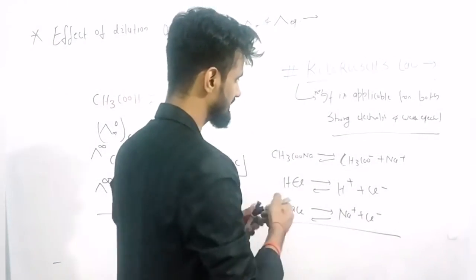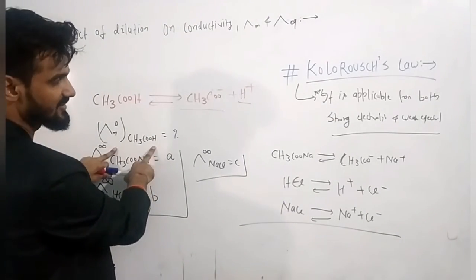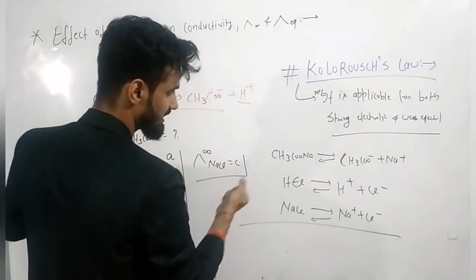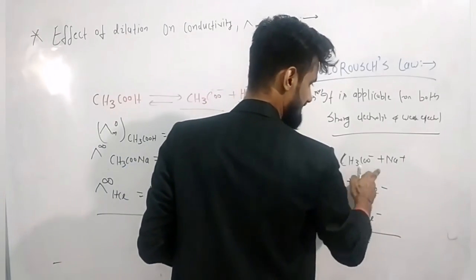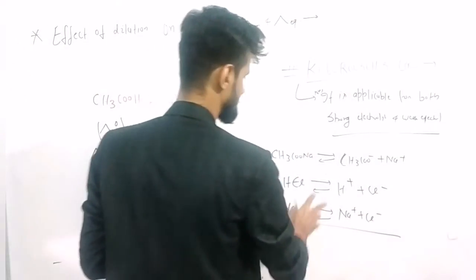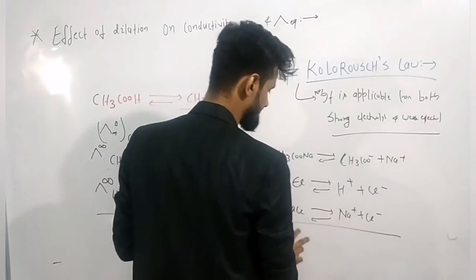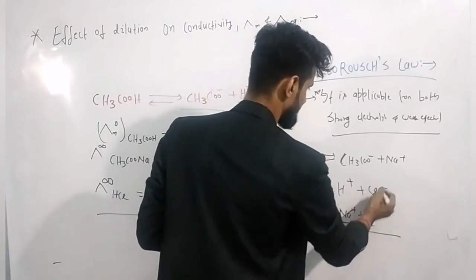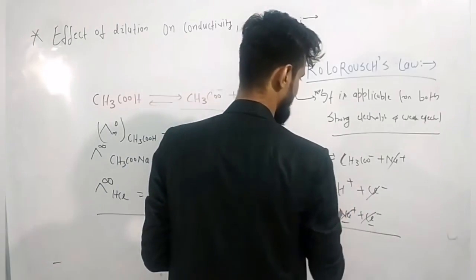Now understand one thing. We have to calculate the value for CH3COOH. So how will we calculate it? If you add all these things and then subtract, the common ions get cancelled out, and you will get CH3COO- and H+.